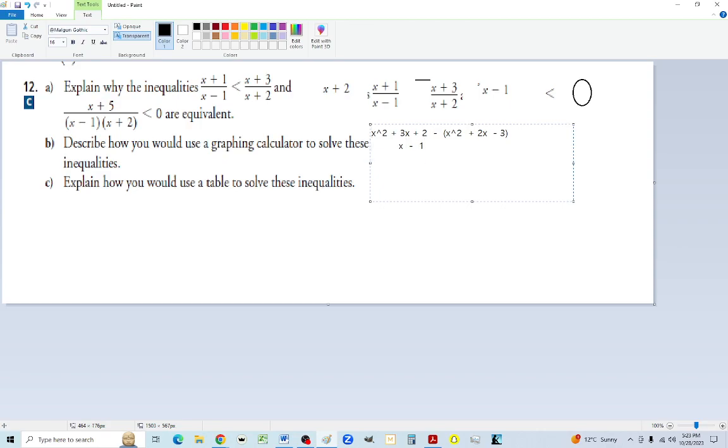So if I expand x plus 2, I get x squared plus x plus 2x plus 2. And on the left, I get x squared minus x plus 3x, rather, minus 3. And then that becomes minus. This becomes minus.